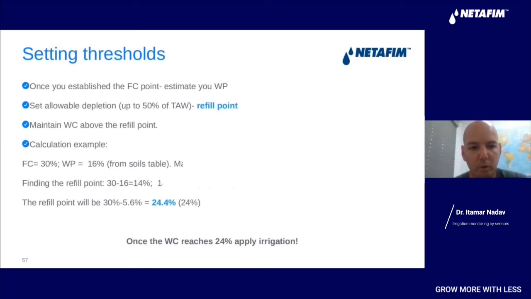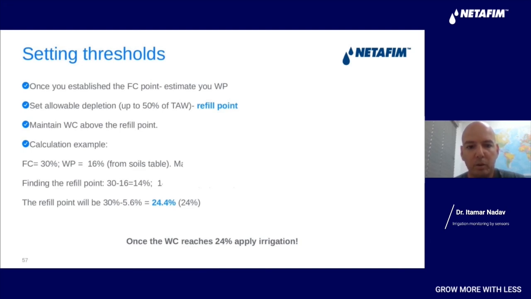So now we'll do a short calculation example. Let's say I have a soil where the field capacity is 30% and the wilting point from the soil table is 60%. So that means that I have 40% total available water.